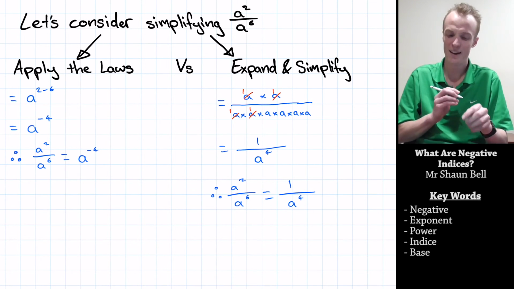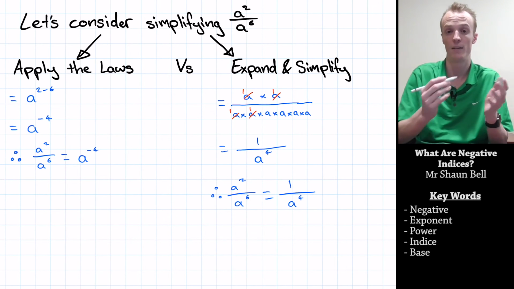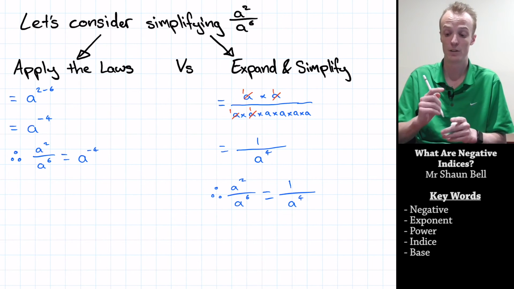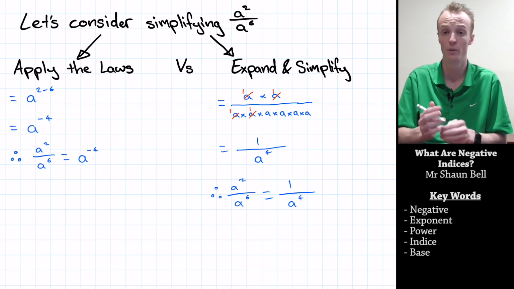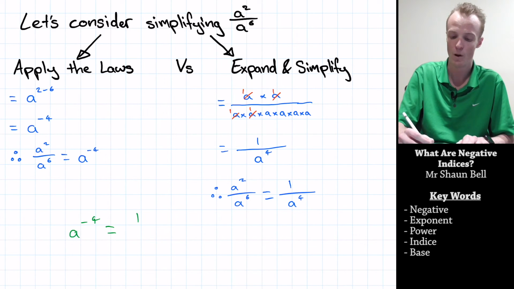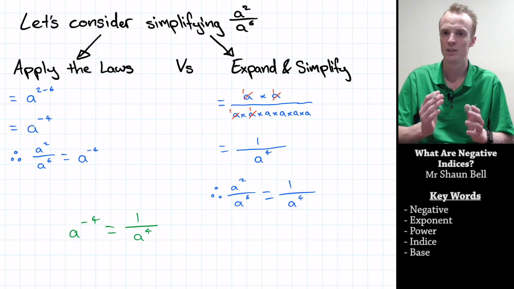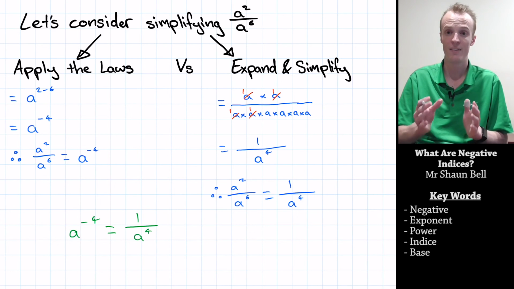But if a to the second power over a to the sixth power is equal to a to the negative fourth power, but it's also equal to 1 over a to the fourth power, then what that means is a to the negative fourth power must be equal to 1 over a to the fourth power. So just like in our pattern that we looked at before, we've found the exact same relationship here.